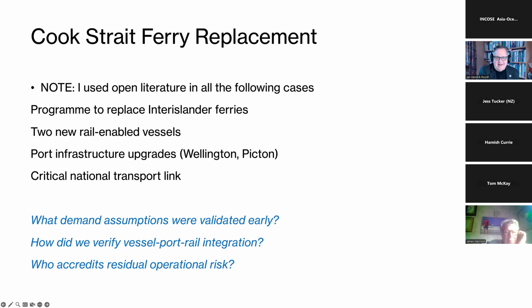For me, when I started reading about it, it was almost like a bet on early decisions, right? And many of those were driven by outside forces, if you want. And we all know what this program is about. It's to replace one of the very important links between the North and South Island, and to upgrade it and so on.